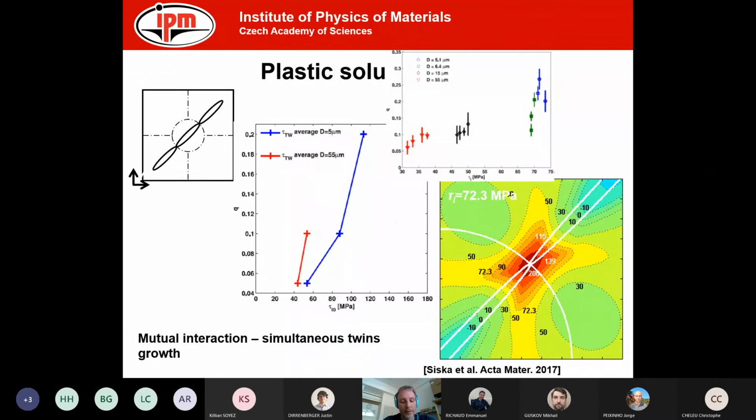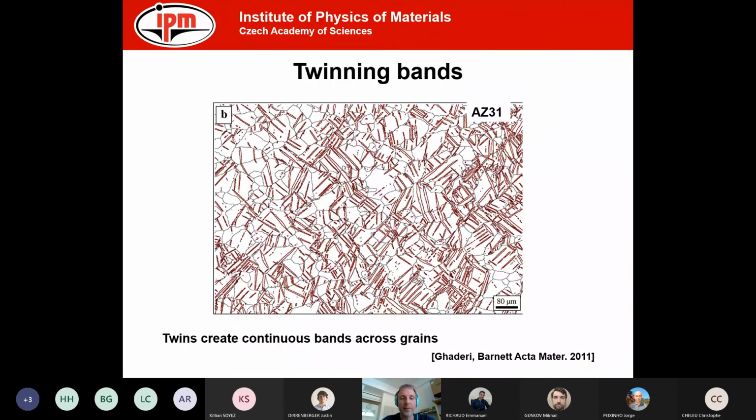And this conclusion, that the twins mutually support themselves, can be observed experimentally. So here you have AZ31 microstructure, and you can see that the twins create sort of a band-like structure. So those are the twin bands that can be similar to the slip bands.